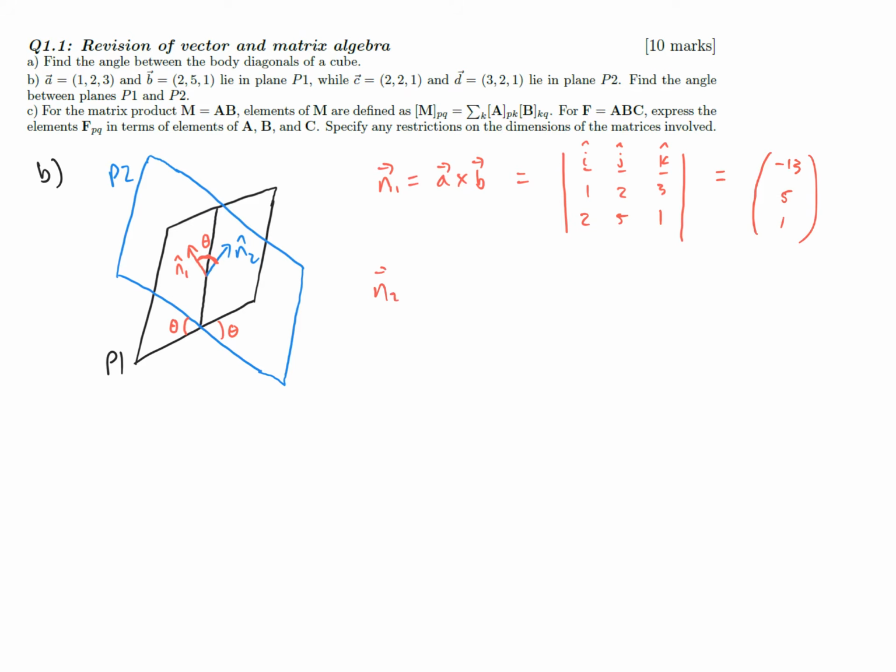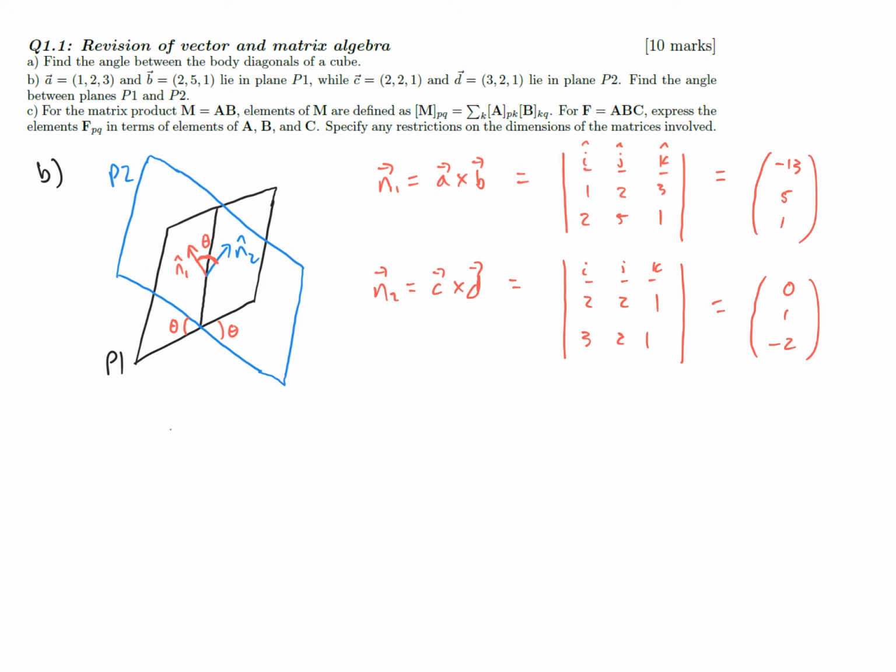Similarly, the n2 vector is C cross D, which we can write in as 2, 2, 1 and 3, 2, 1. That's another vector which is 0, 1, minus 2. So there are two vectors that are normal to the two planes, and now we want the angle between them.